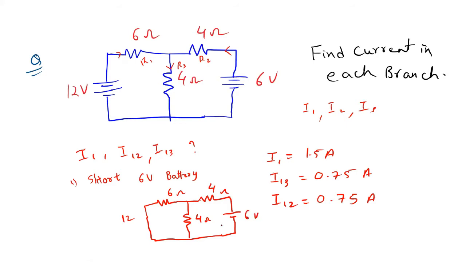I have a 6 volt. Okay. And now you find the currents I2, I22, and I23. So this time, the case is slightly different. 4 and 6 are in parallel, that is in series with the 4 ohm.